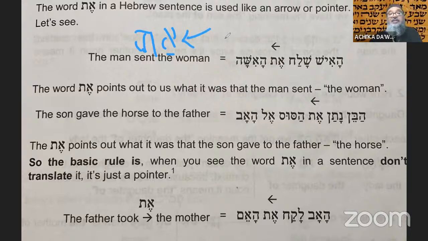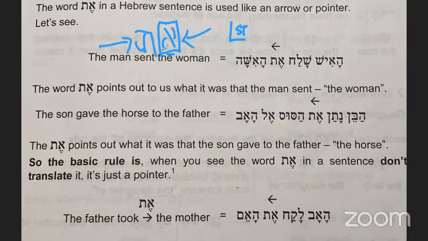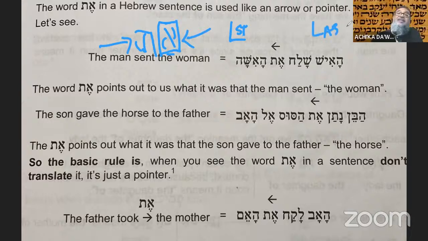The eth is what? The aleph here is what? Is the first letter in what? In the Hebrew language. What's the tav? The last. It's the last letter. Okay. Right? What does the aleph mean?